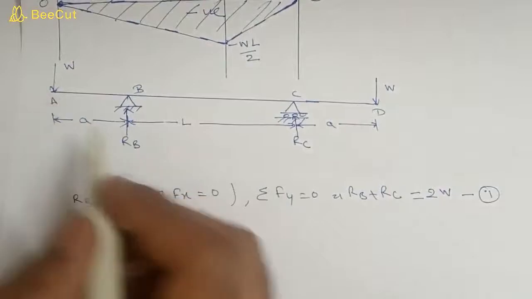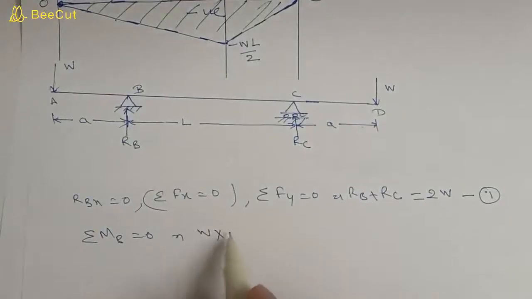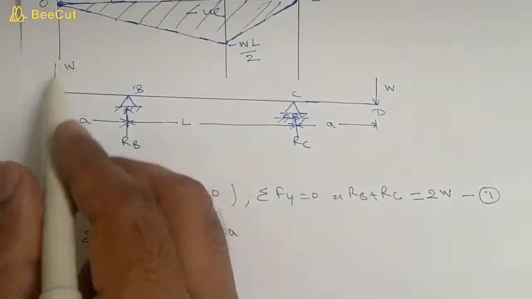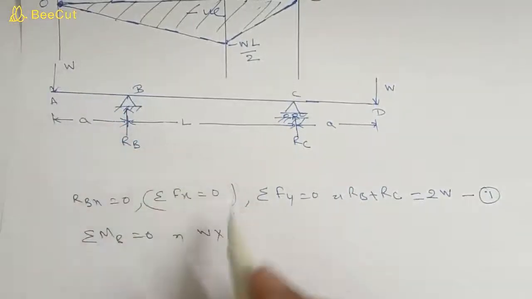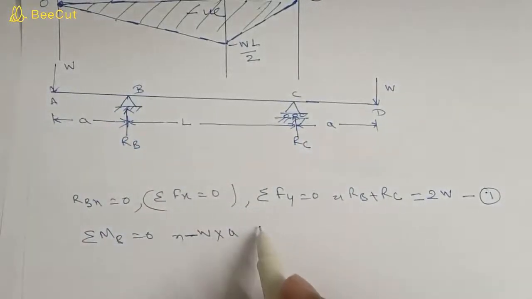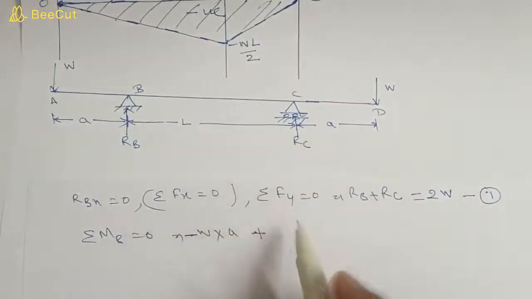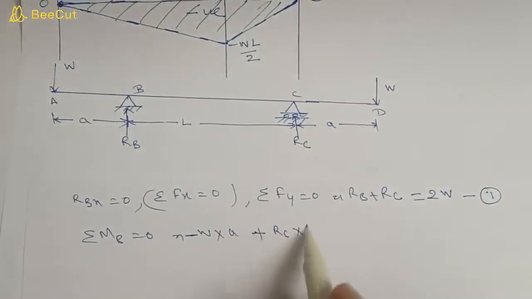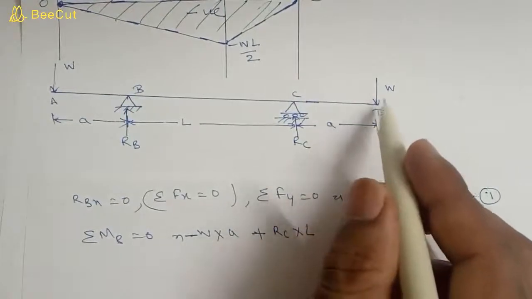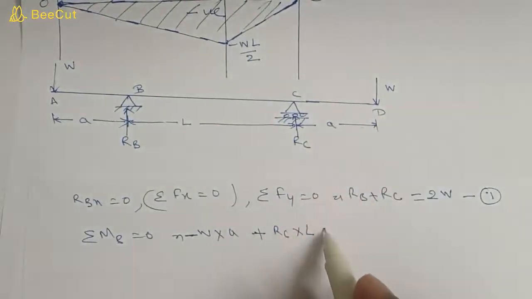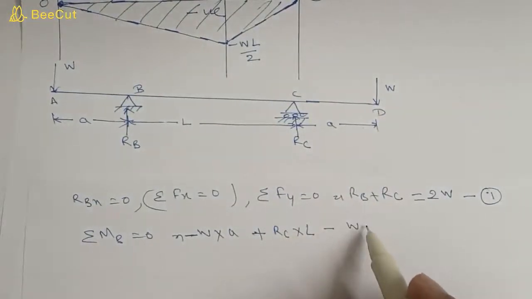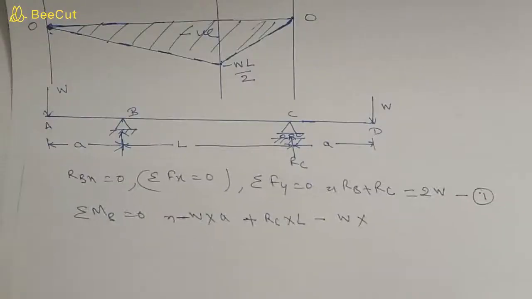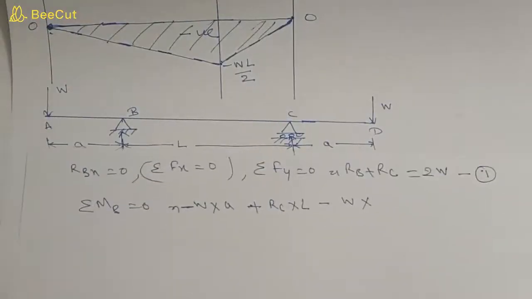So W into A, this is acting in this direction, so it will be negative, minus WA. This is plus RC into L, and this is also negative, minus W into... we have made a mistake here.